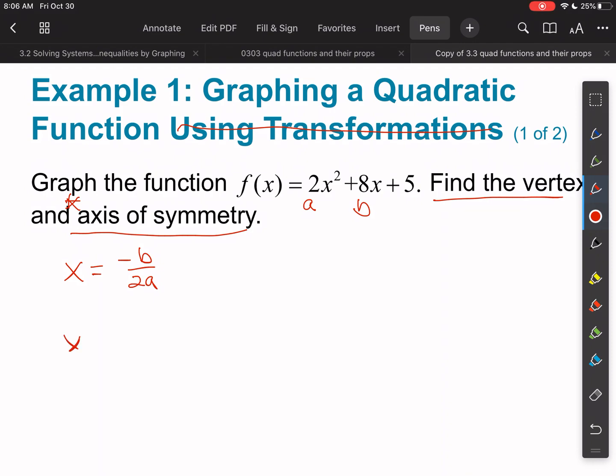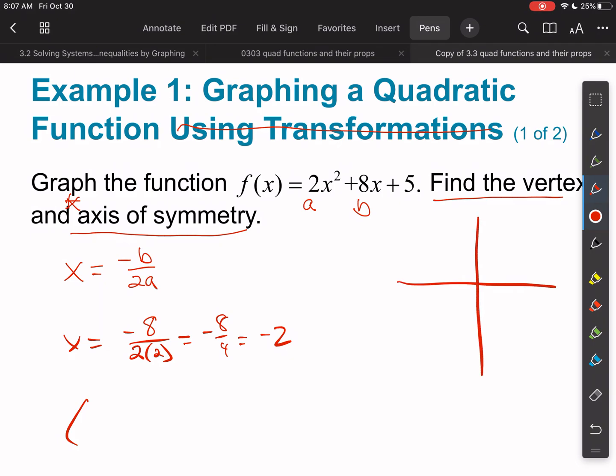So we have x is equal to negative 8 over 2 times 2, which is equal to negative 8 over 4, which is equal to negative 2.